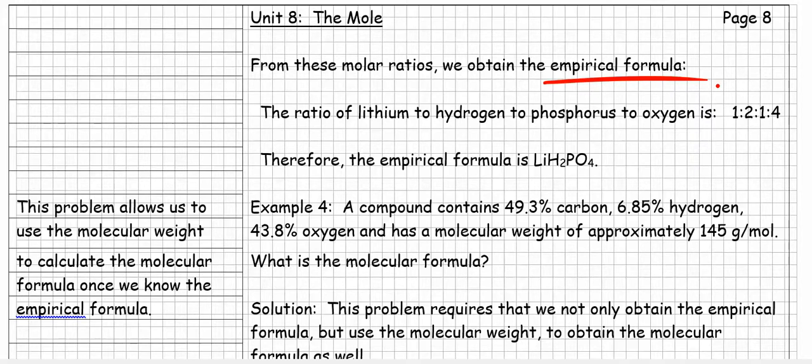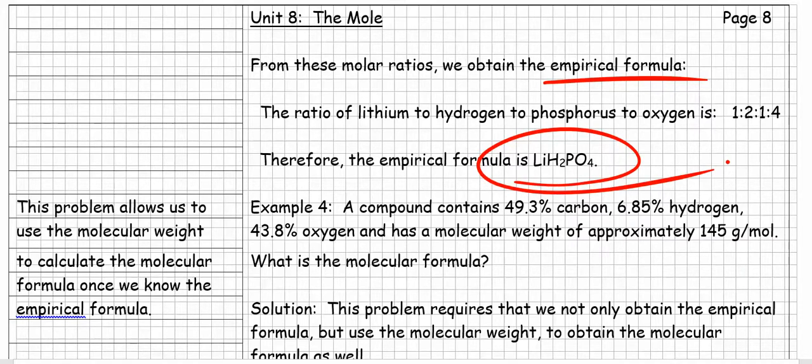Therefore, the empirical formula would be this: Li, no need for the 1, H2, P for phosphorus, no need for the 1, and then O4. And that's it. That's my answer. That's the empirical formula given percentages by mass of the elements that are involved. All right? Okay, I hope that makes sense.